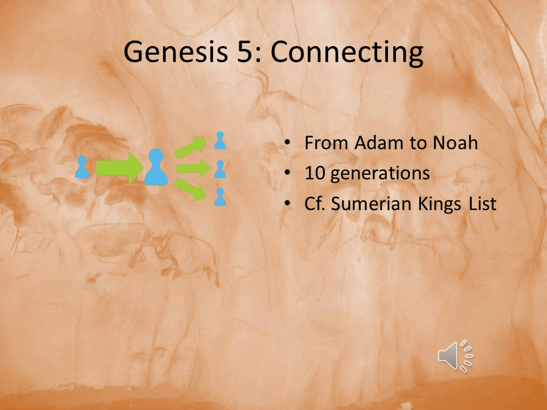Important is that there is a connection, a continuing line, and that there is a sense of antiquity, of a long stretch of time between the readers and the beginning. There is an interesting parallel to this list in the form of the Sumerian Kings List, a text that has been found in ancient Sumeria. This document lists the kings ruling over Sumerian cities before and after the flood.